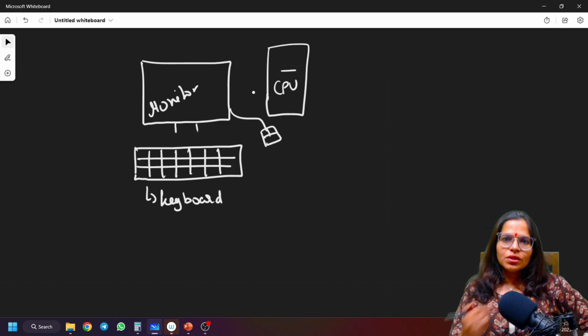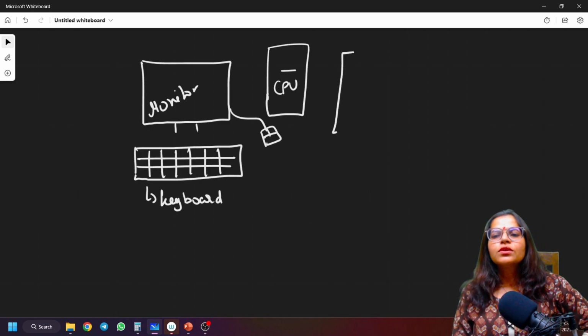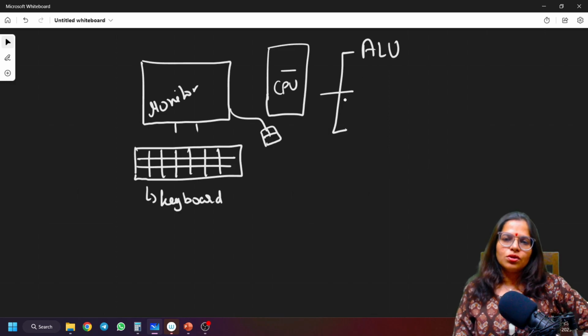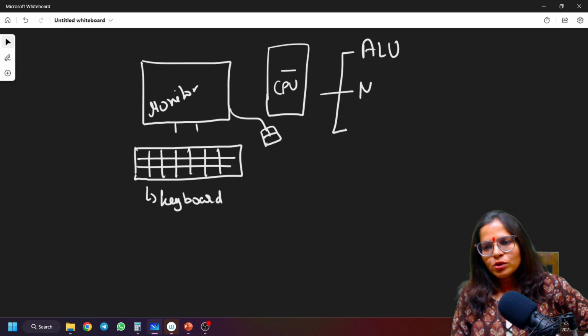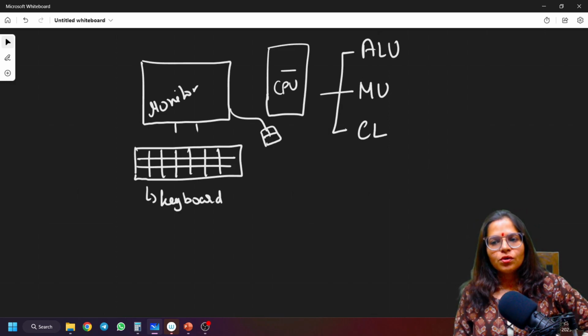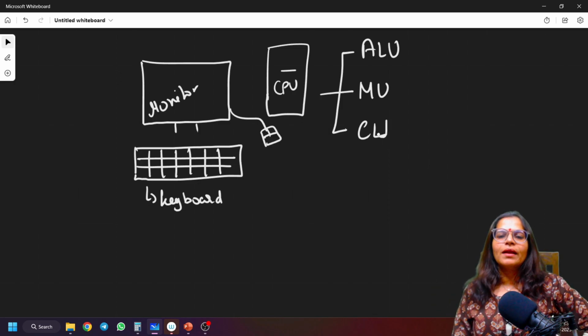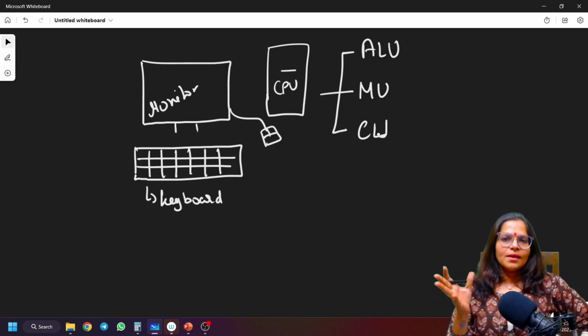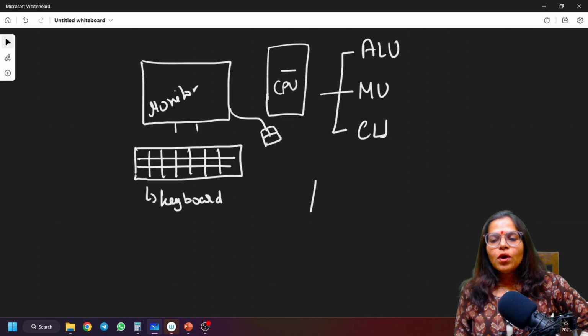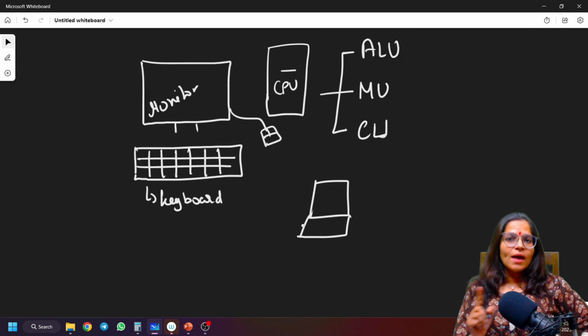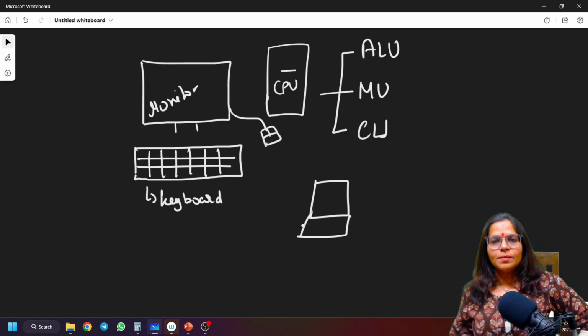CPU includes three different things in itself. The first one would be your ALU, arithmetic logical unit. Then we also have memory unit and we also have control unit. We will be learning this further in a detailed manner, but I'm giving you a basic idea. Now if you are using a laptop, you might have a question, ma'am, we do not have a mouse and we do not have a separate CPU.